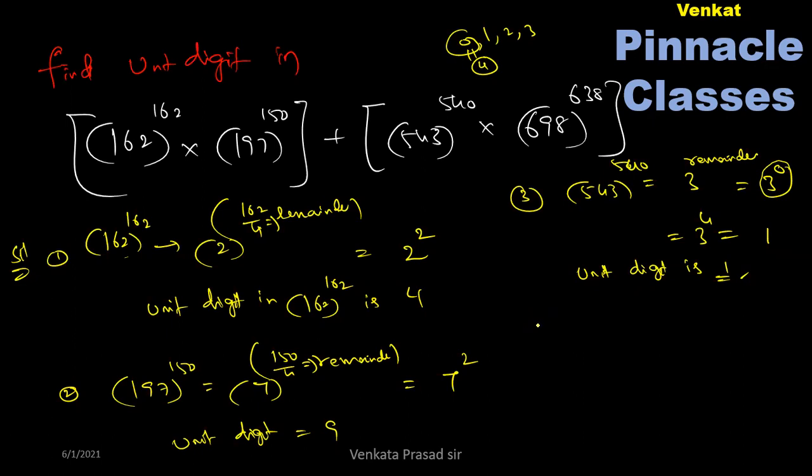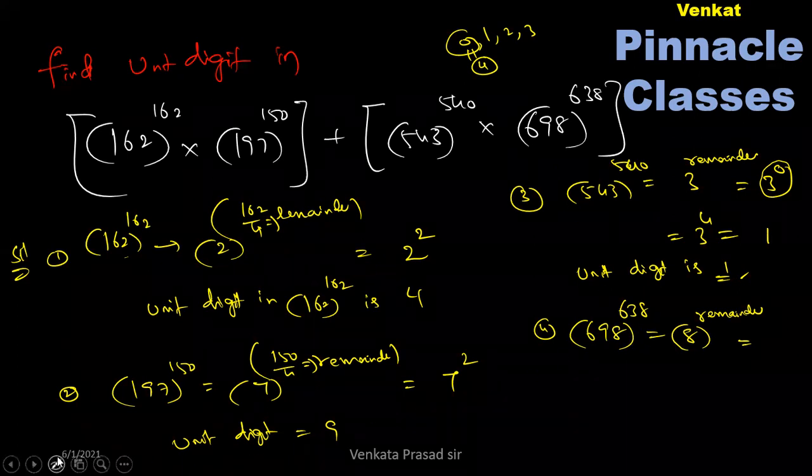Question number 4: 698 power 638, which is the same as 8 power 638. What is the remainder? Why divide by 4? Because the cyclicity of 2, 7, 3, 8 is 4.